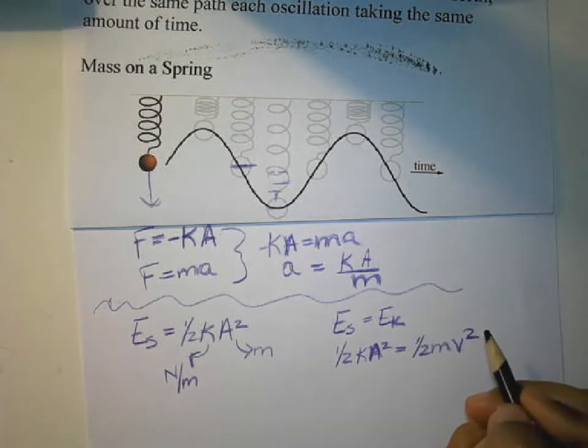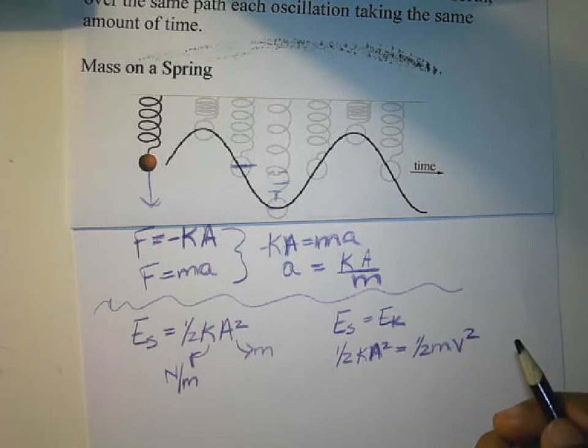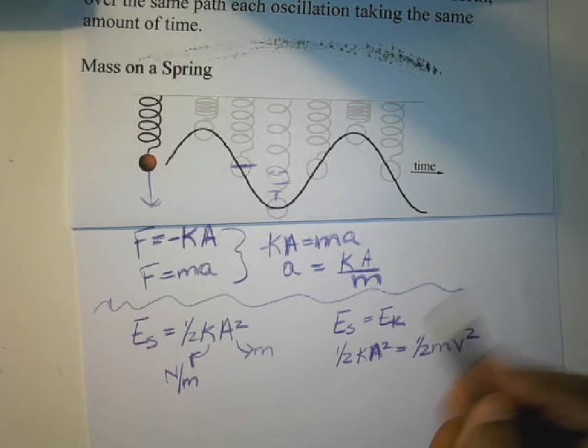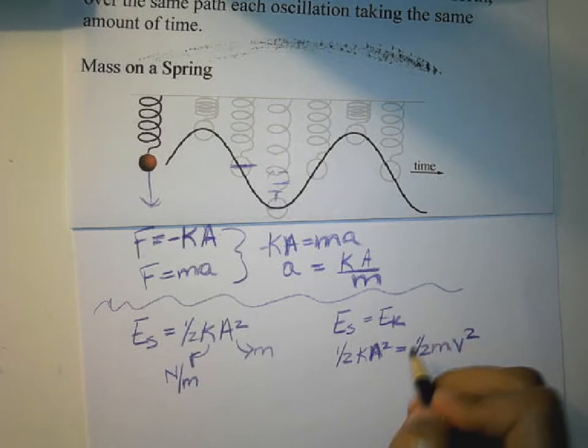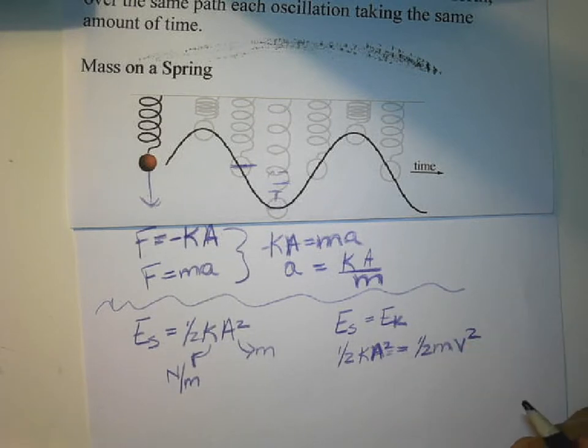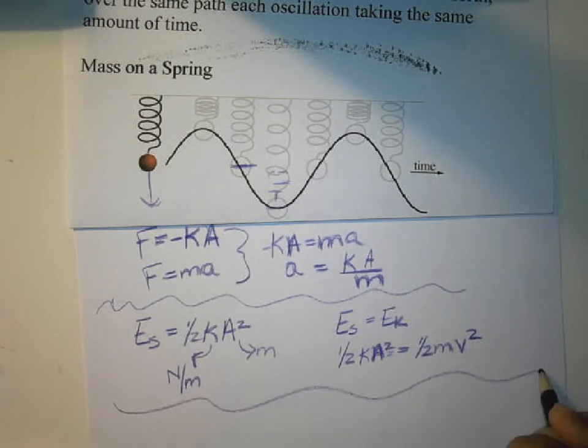Most students will say, well, if it's stretched 10 and it's traveled 8, that must mean the remaining amplitude is 2. So I'll put that 2 there and solve for velocity at that point. But you can't do that. We have a squared component to deal with. So we have to do it a little differently.